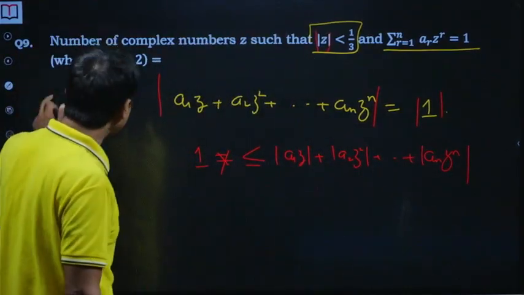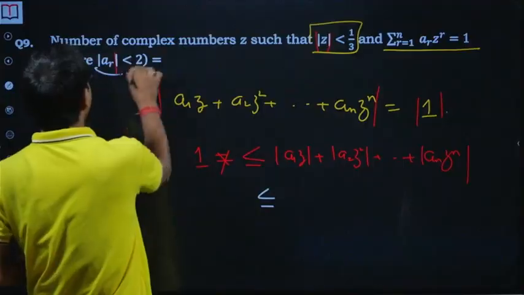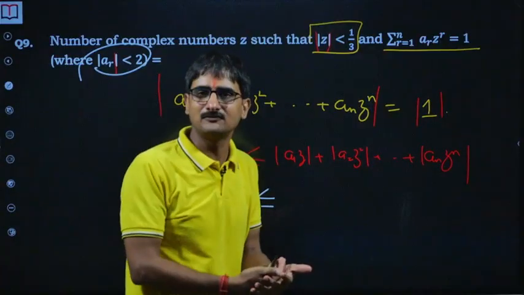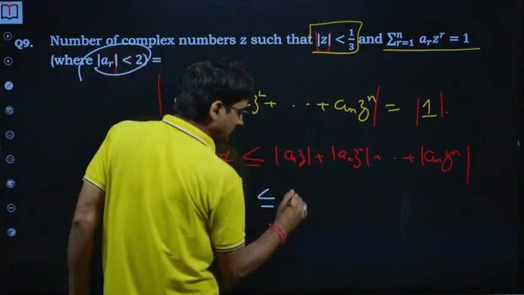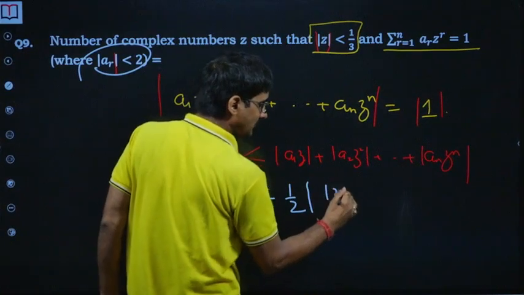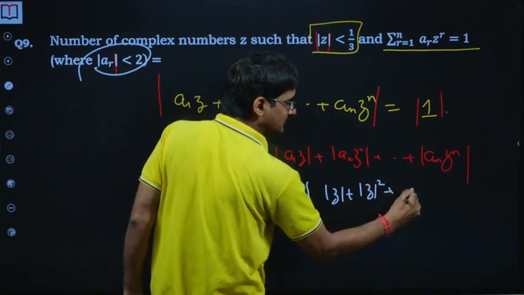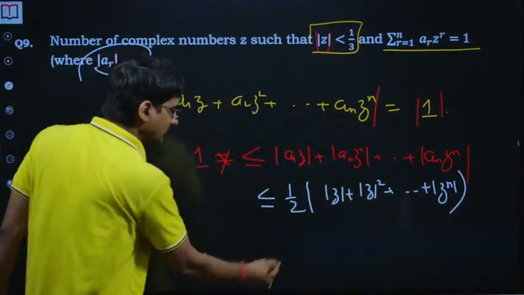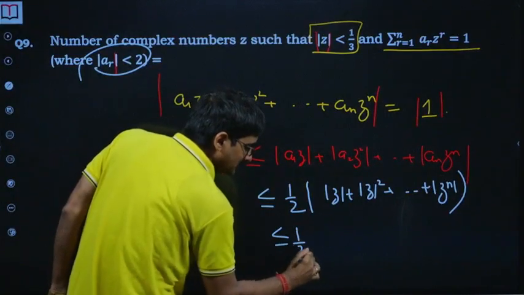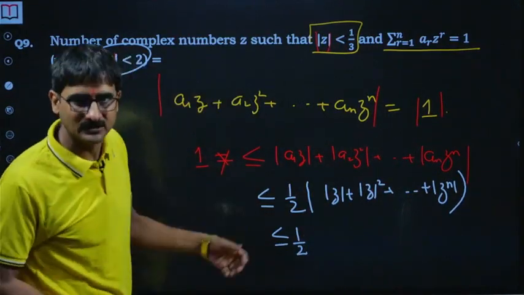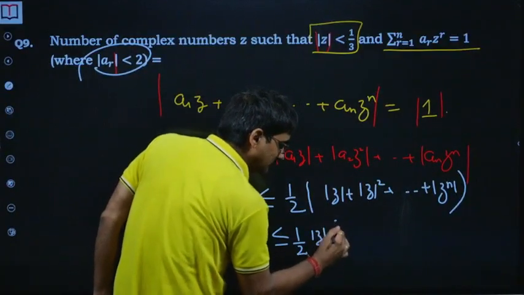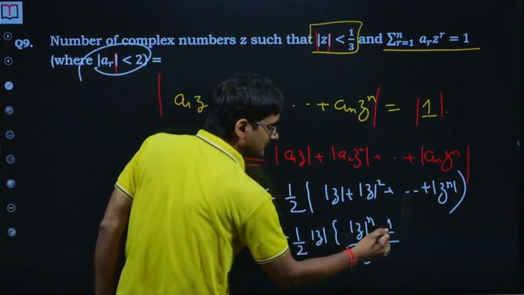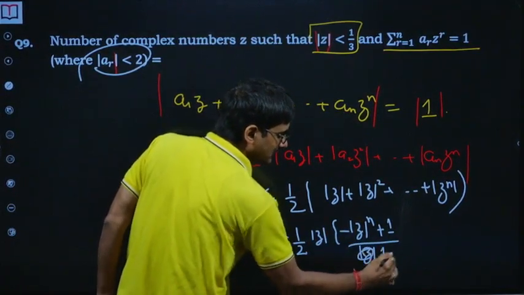And since the maximum value of mod of ar is 2, for any value of ar it has to be less than its maximum value, so 2 times mod z plus mod z square and dot dot dot mod z to the power n. Now if I apply this, that's nothing but a GP, so mod z into (1 minus mod z to the power n) upon 1 minus mod z.